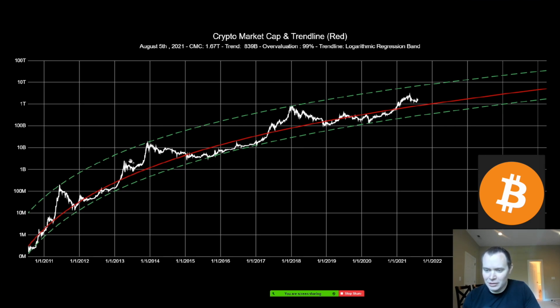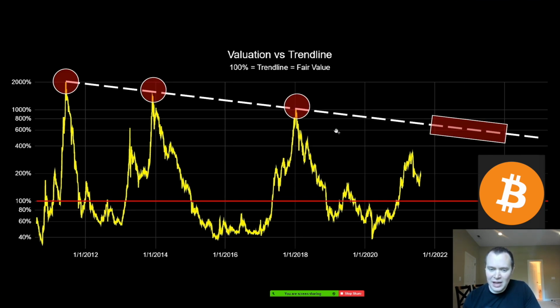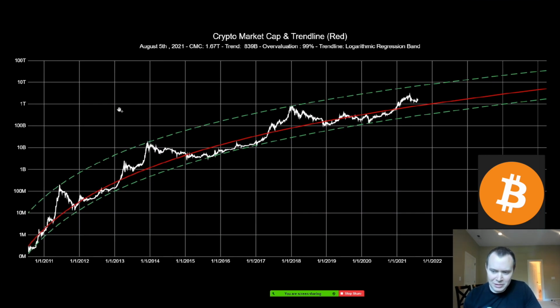I think there's a lot of similarities, and let me explain this really quick because I want to hear your thoughts on it. The red line is what I'm calling the fair value of crypto, and anything below it is undervalued, which is when you want to load up, and then you want to see it go all the way back up to the peak, like this upper regression line.